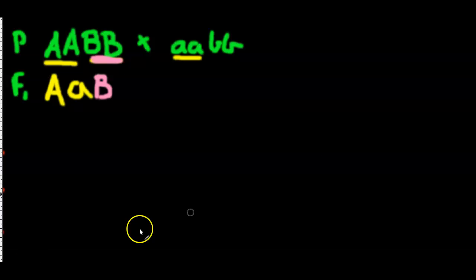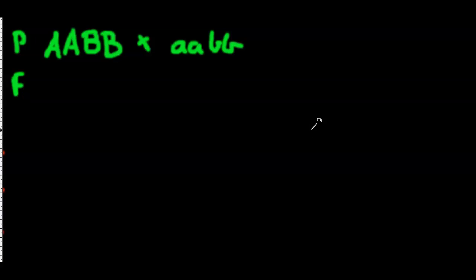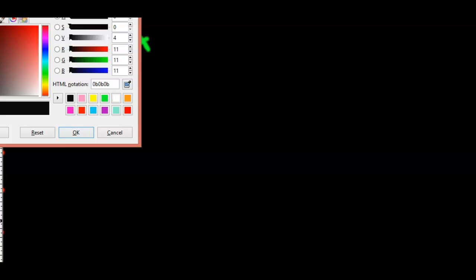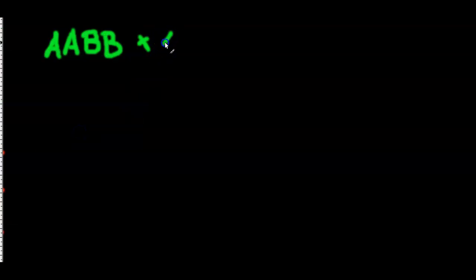If both parents are homozygous dominant, let's take a look at that. Let's have both parents be homozygous dominant. Again, this is a really easy one, and we do not need to do any Punnett squares. Here are the parents, and the F1 of the offspring.